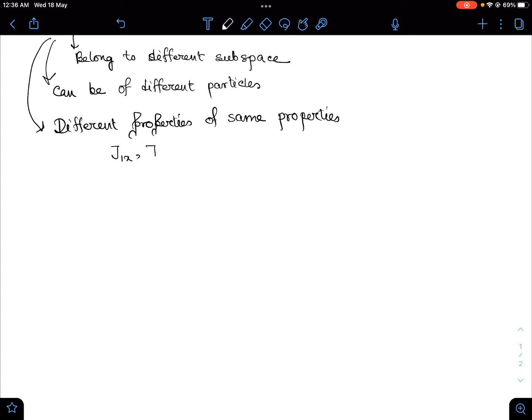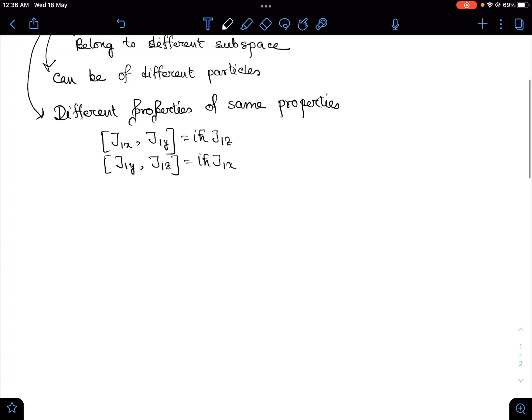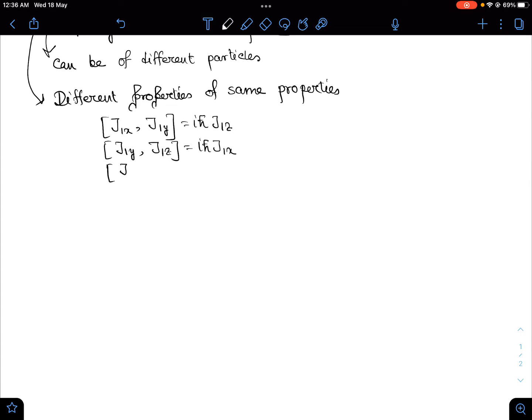This is for the first subspace that we are talking about, and similarly for the second subspace we have this relation, and so on, like the previous; just replace 1 by 2.